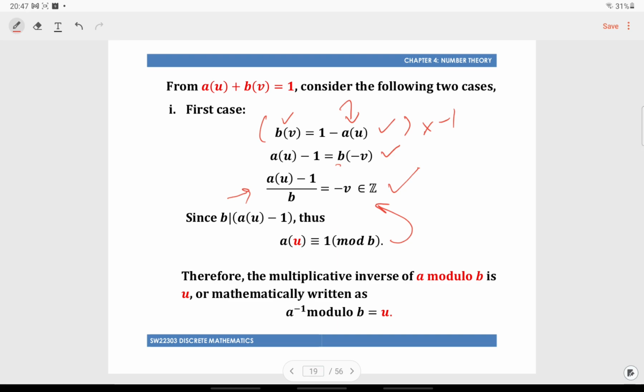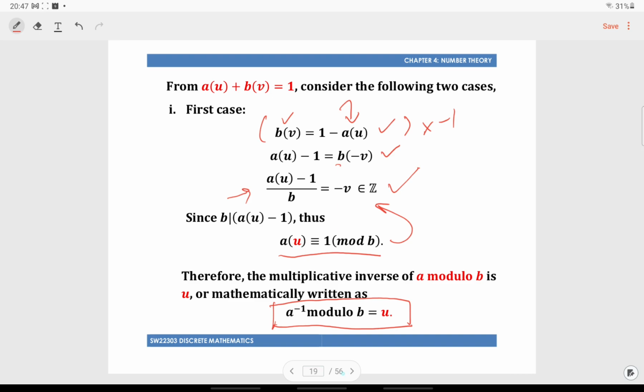So what does it mean? That means the multiplicative inverse of a modulo b is u, because a times u is congruent to 1 modulo b. So the multiplicative inverse of a modulo b equals u. This is the first case, when we take au to the same side as 1.